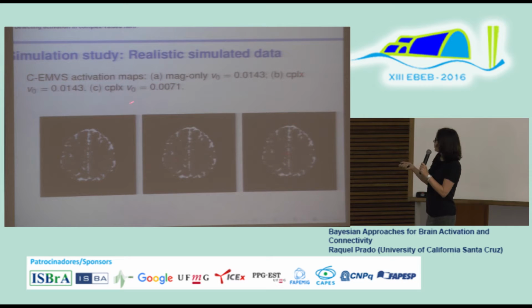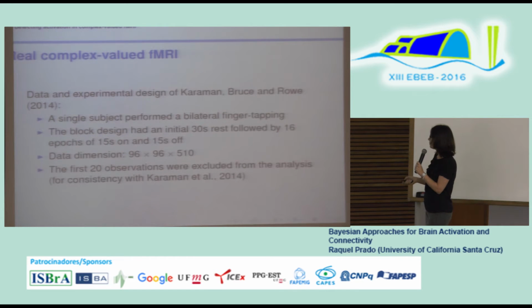Then we tried the complex valued models with different parameters, and this is essentially what the regions that were active in the brain look like. Okay, so this again shows that you miss a lot if you use only the magnitude data versus the two complex valued models.